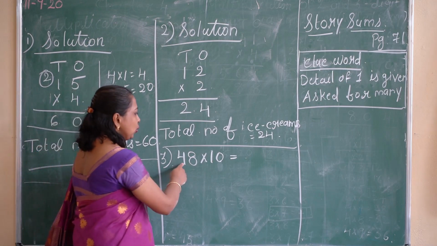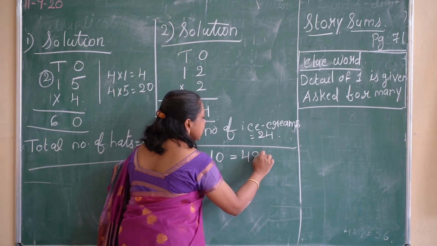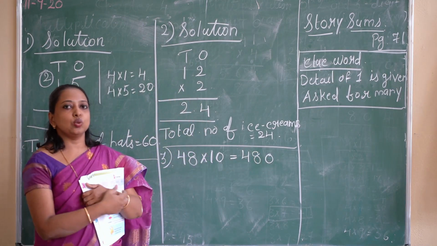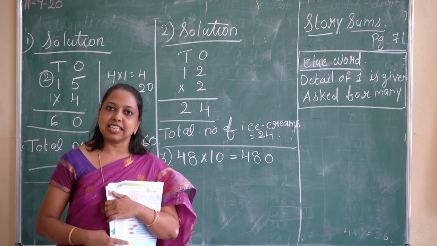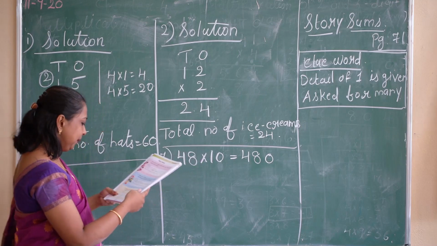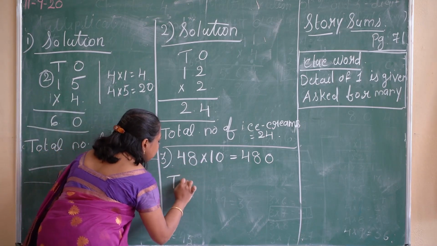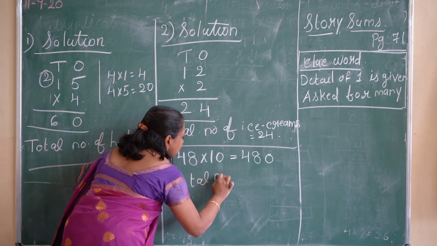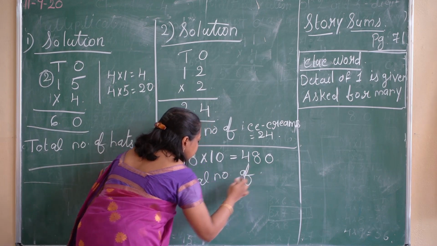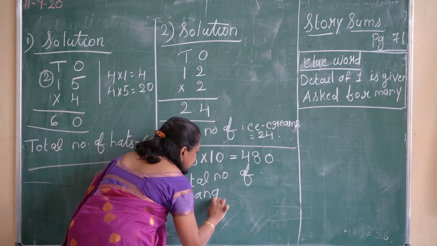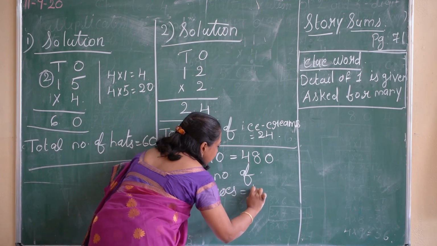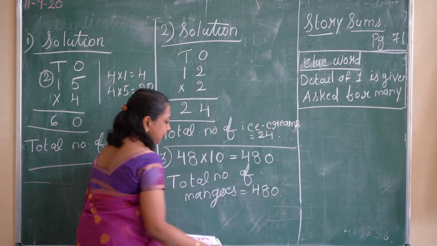So you write 48 and just write 0 to the right side. You got the answer 480. So 480 is the total number of mangoes.